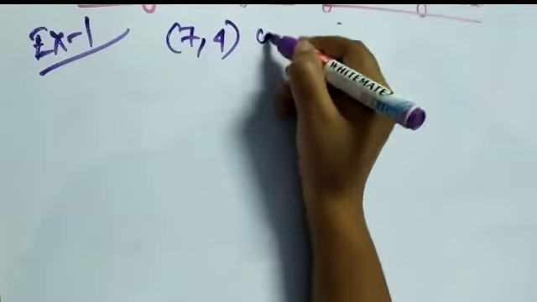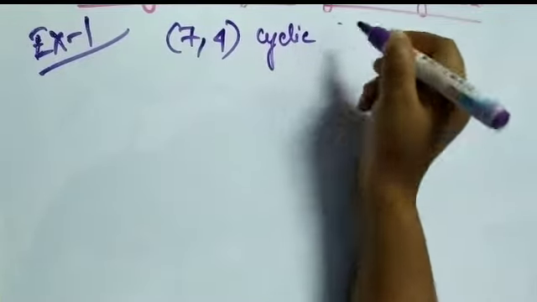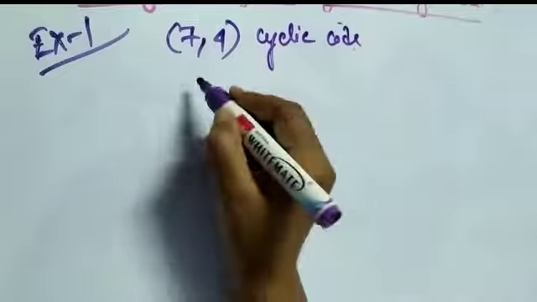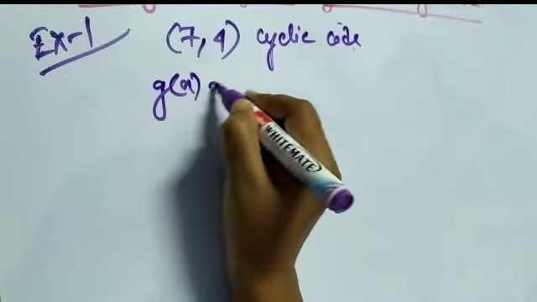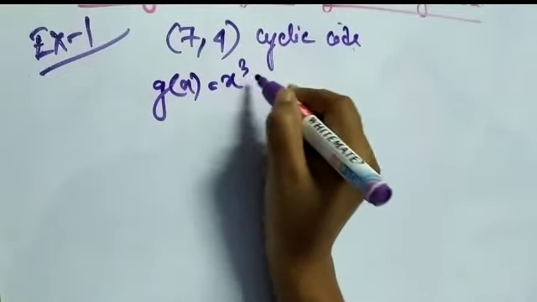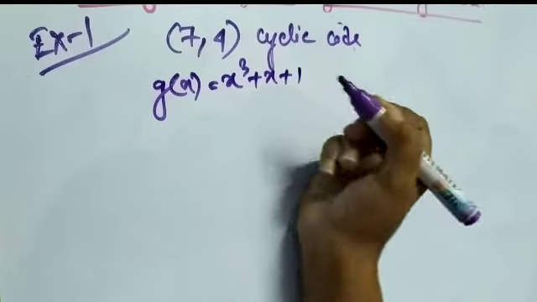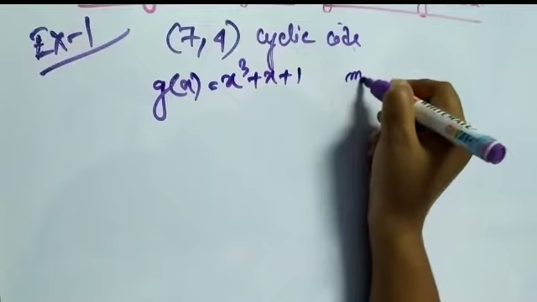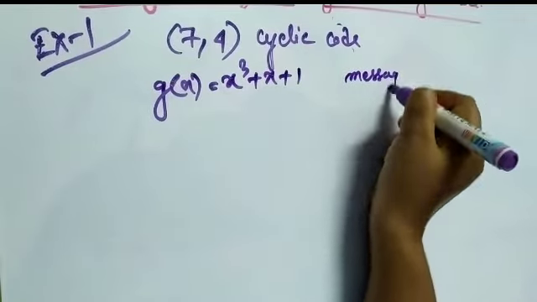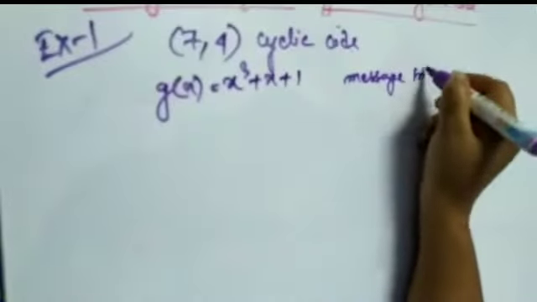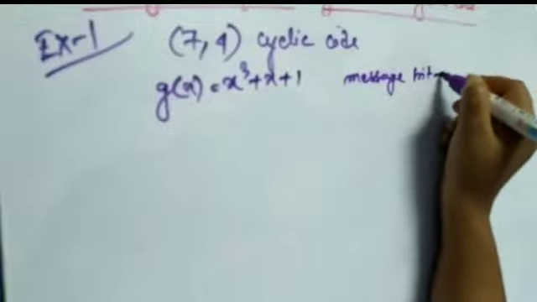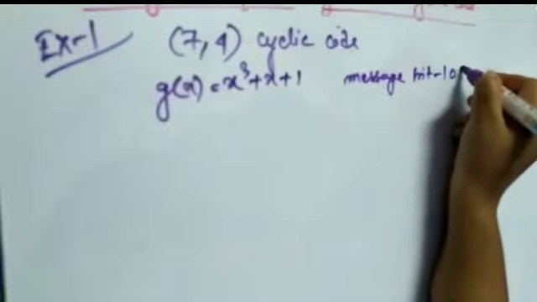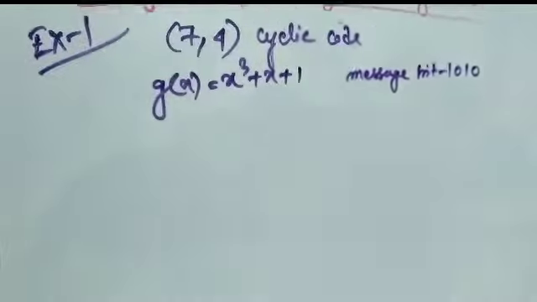So this is your cyclic code where generator polynomial is given as x cube plus x plus 1, and the message bits are given to you, which is 1 0 1 0. So this is given to you.